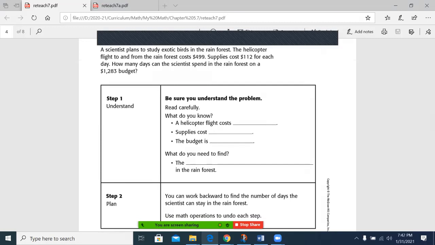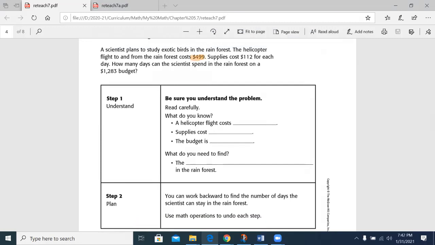First off, we know the flight costs $499. Each day costs $112. There's a $1,283 budget. And notice I put 112 a day. The cost, or what am I trying to find out?